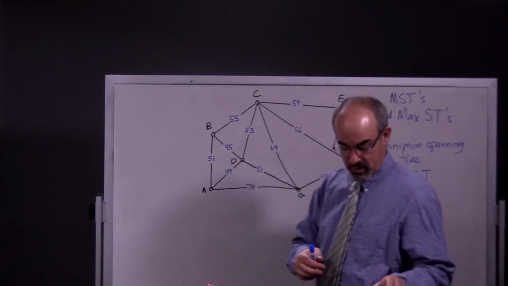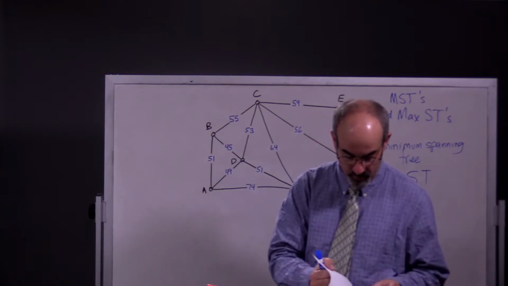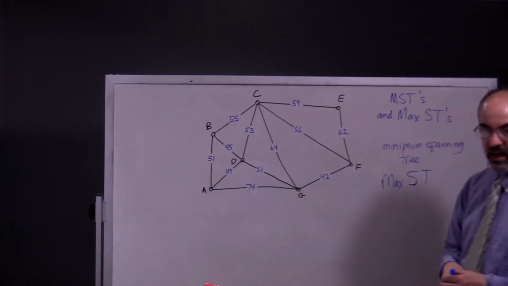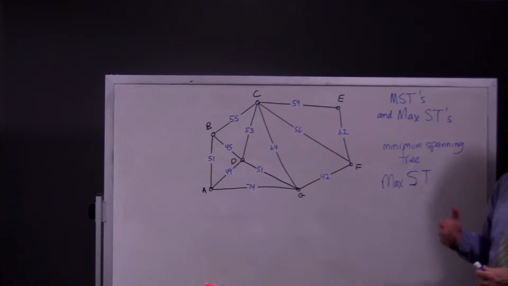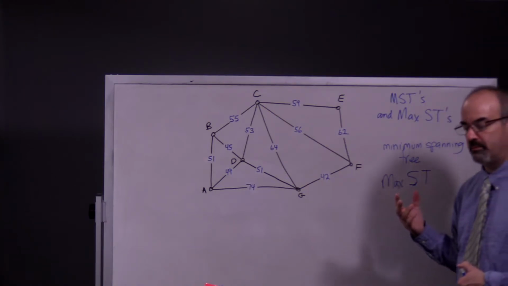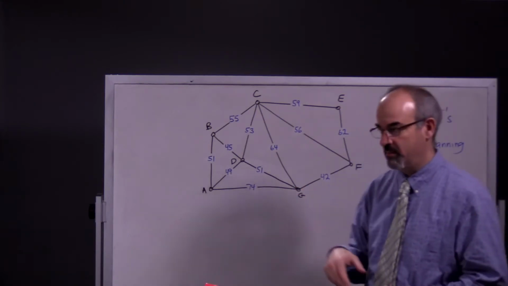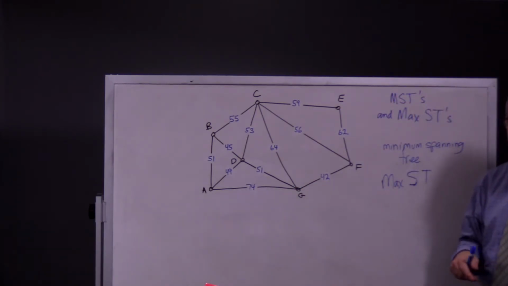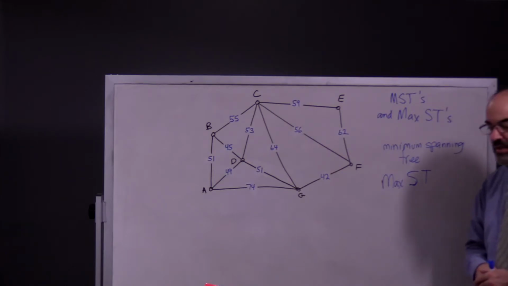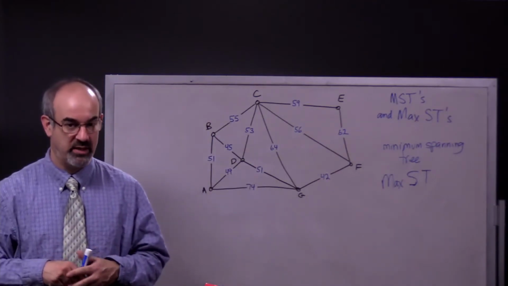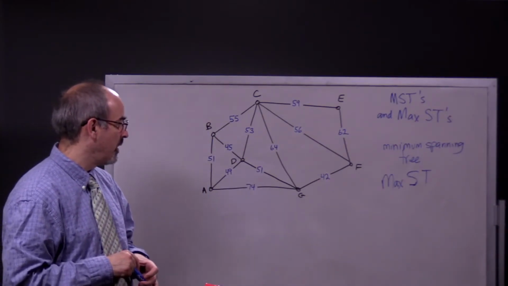Now, I don't believe we're going to actually talk about how to make a minimum or a maximum spanning tree right now. That's in the next section. I could do it right now, but I want to give you time to think about just how to make a tree first.